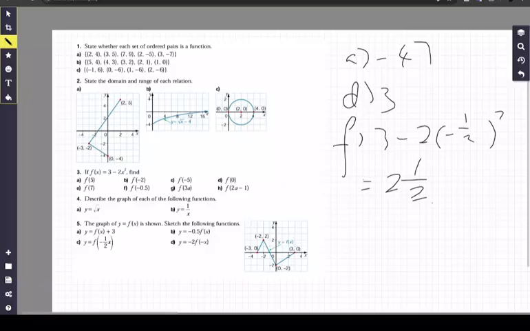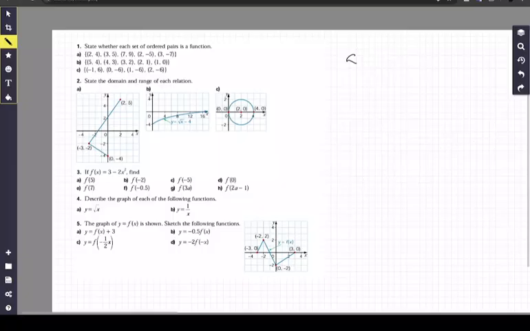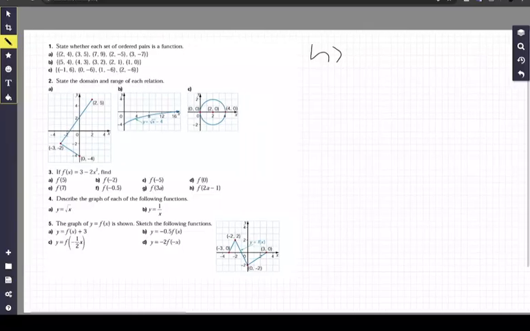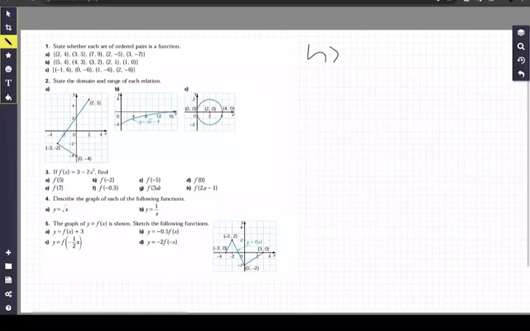And then I'm going to do h, because this is actually involving another variable. So many people might be confused, but really, it's not hard at all. This is going to be 3 minus 2, and our x value is going to be 2a minus 1 squared. 3 minus 2, and let's see how this expands out.